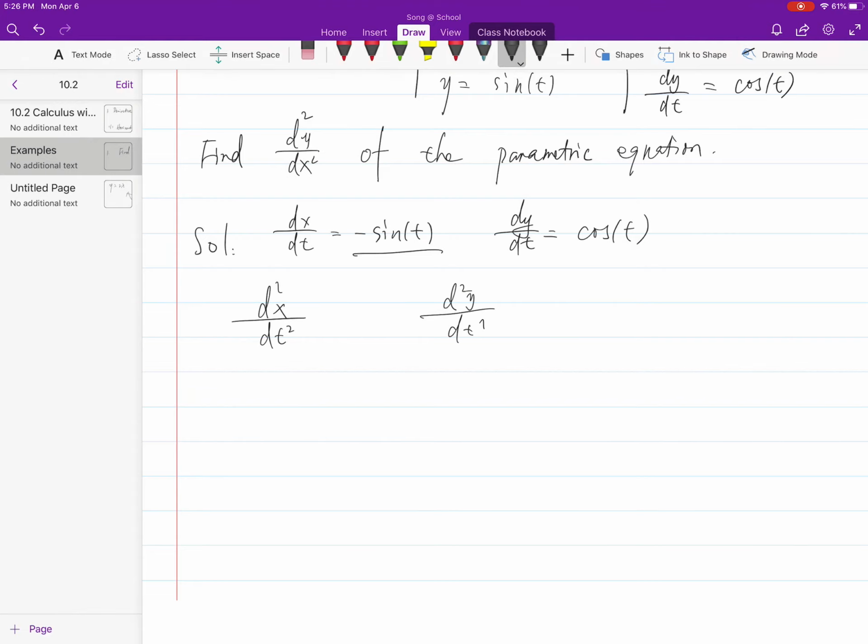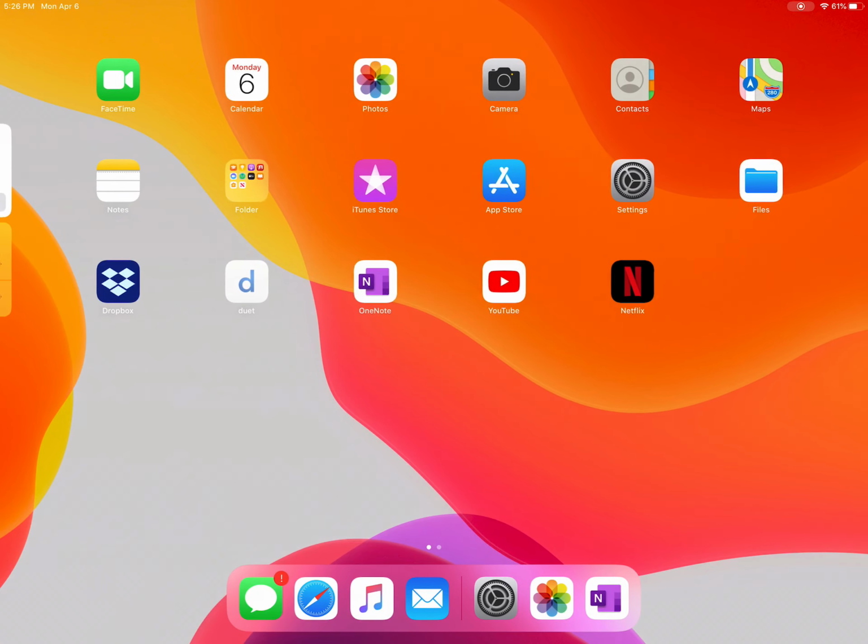Similarly, I can take the derivative of this one again, but again, with respect to t, not x. And if I use this one to divide by that one, I'm going to have the second derivative of y divided by the second derivative of x, which is not what we want here. So how can we take the derivative and make this work? That is a question.